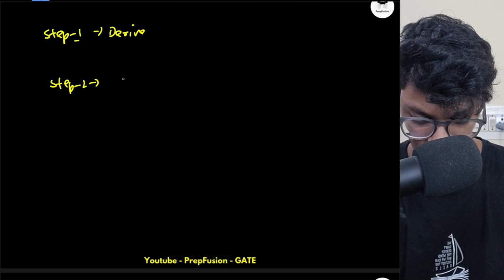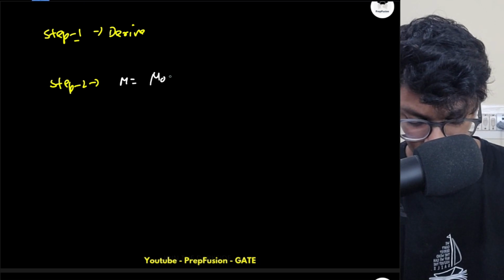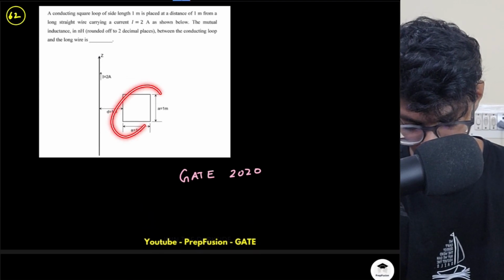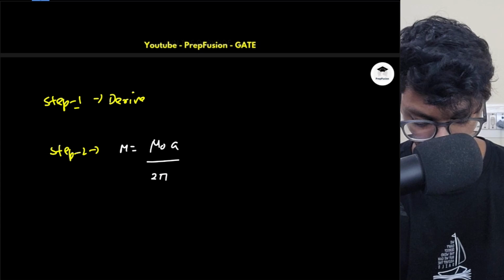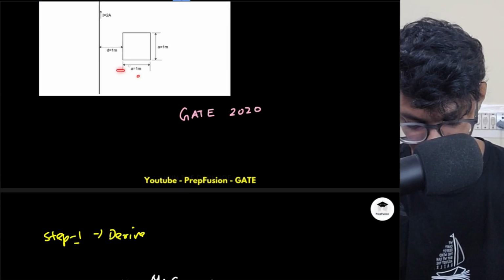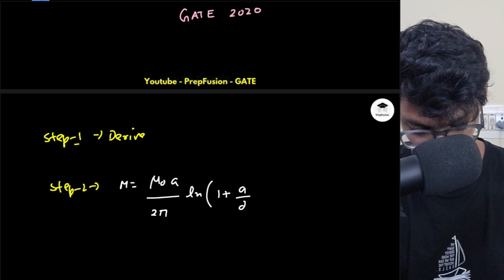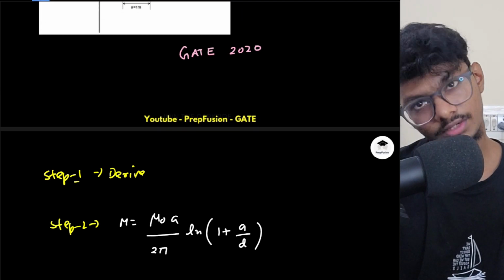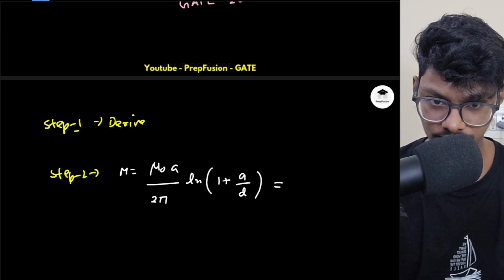So your M equals mu naught I, mu naught a, this width of a distance, by 2 pi ln of a plus d divided by d. So this will be 1 plus a by d simply. I will directly write all the things here.